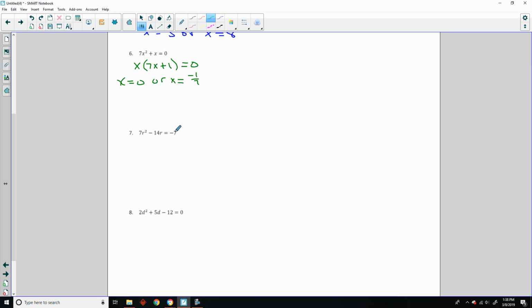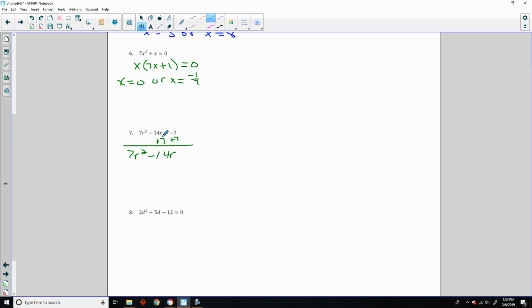I'm seeing a lot of 7s, or factors of 7, or multiples of 7, so I will factor out a 7. And this has an r, and this has an r. So, first thing I'm going to do is set it equal to 0 by adding 7 to both sides. 7r squared minus 14r.